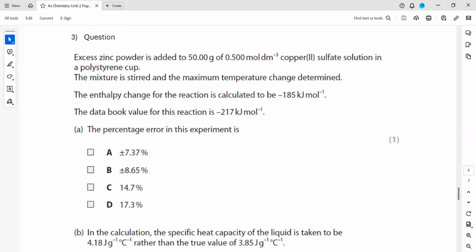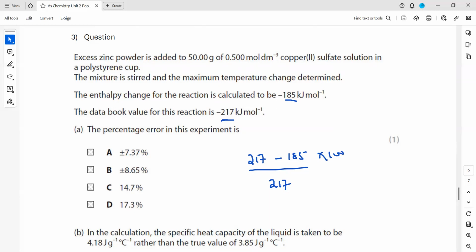So how can we work out the percentage error in the experiment? You have the two values. You can just take the magnitudes, because the negative sign is just showing that it is exothermic. So maximum value minus minimum value, divided by the standard value, because the data booklet is a standard value, and then multiplied by 100.